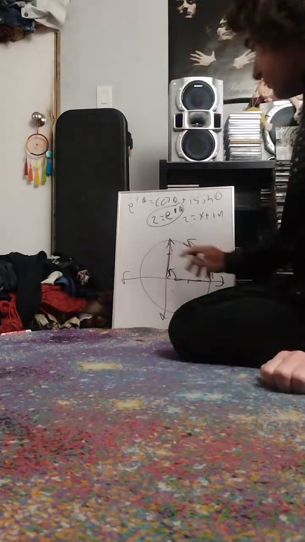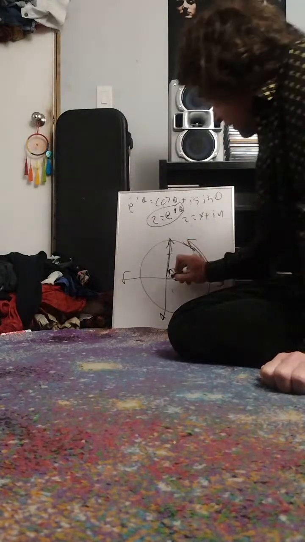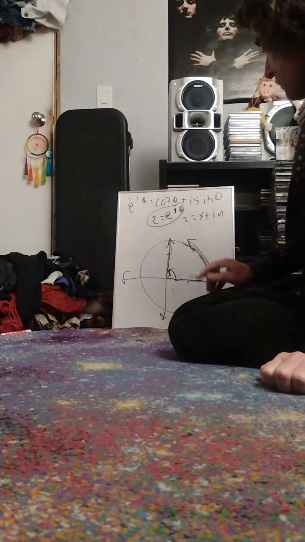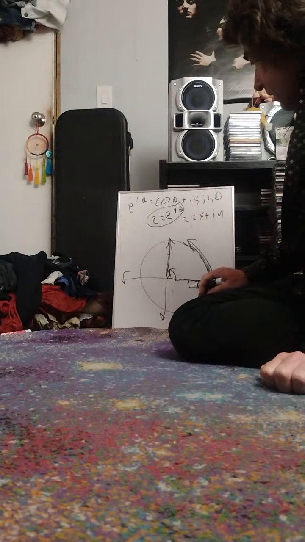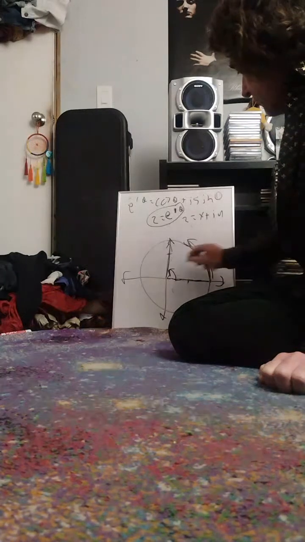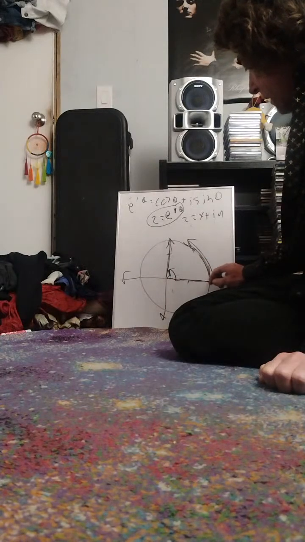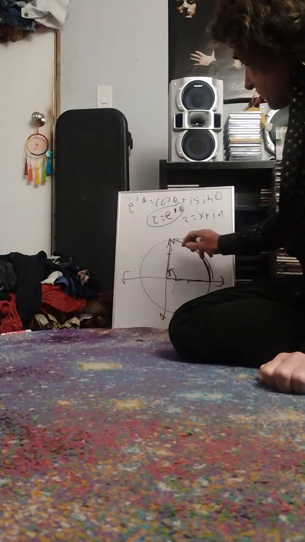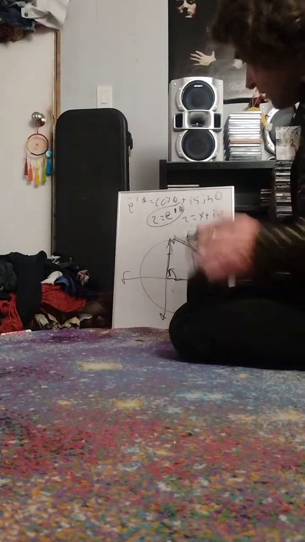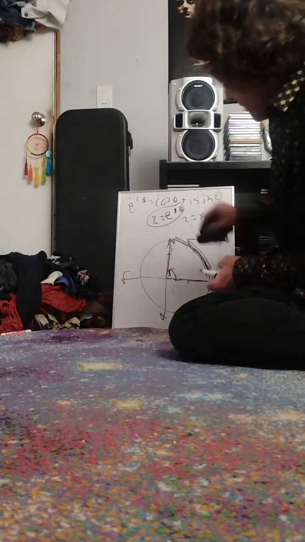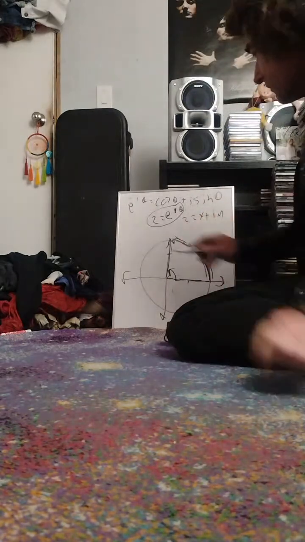Oh, that would be 90 degrees, but we don't say degrees, we say radians: how many of these radians can be mapped out by this arc right here. That would be the answer to how many radians this angle is.